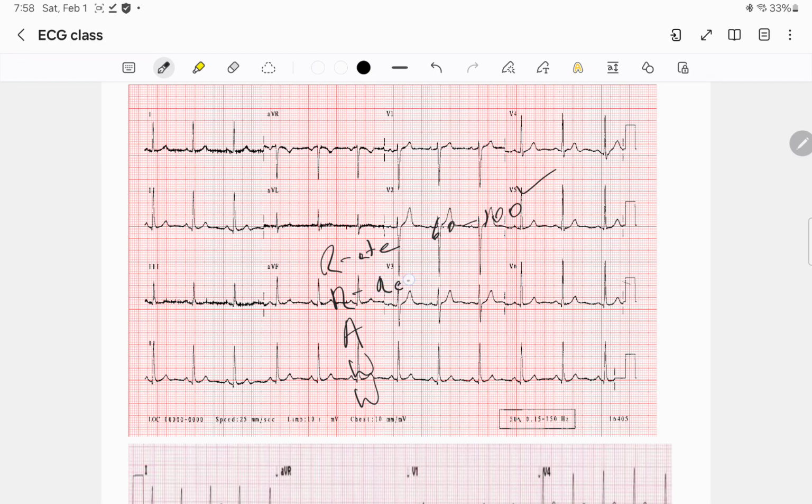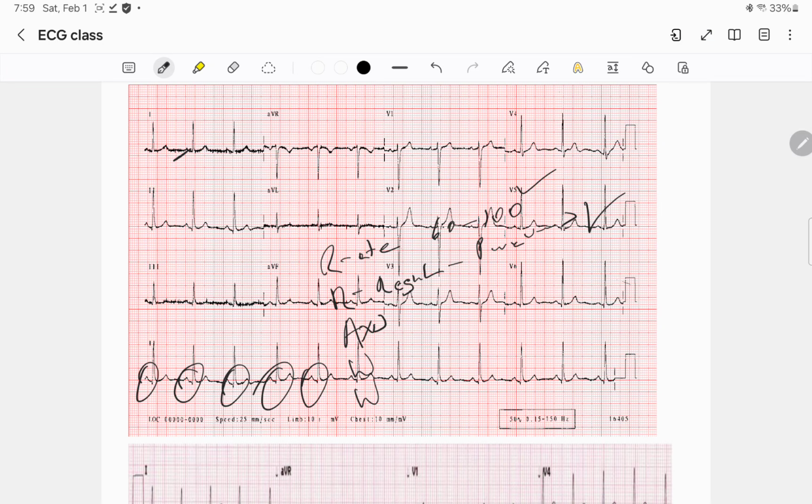Is it regular with P waves before every QRS? Yes, there are P waves before every QRS, so this is satisfied. The P wave axis: are the P waves upright in leads 1, 2, 3, and AVF?